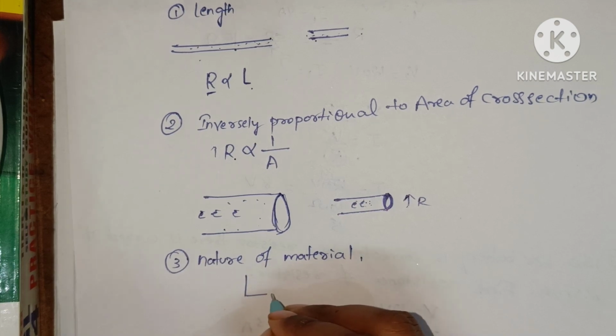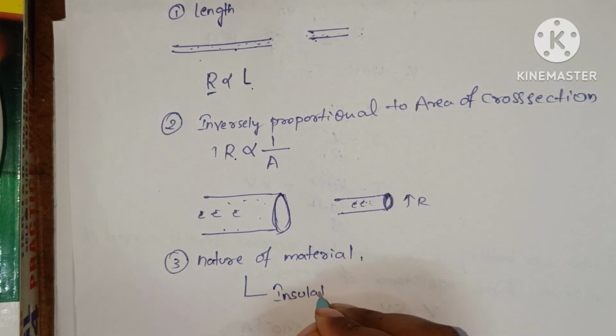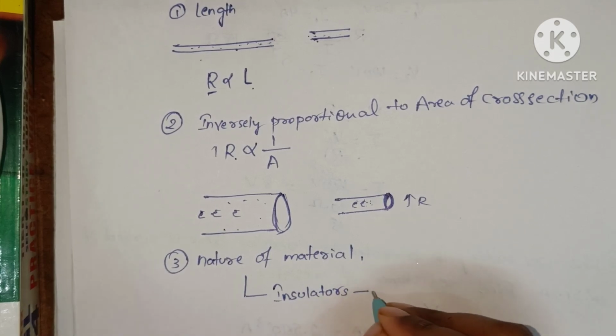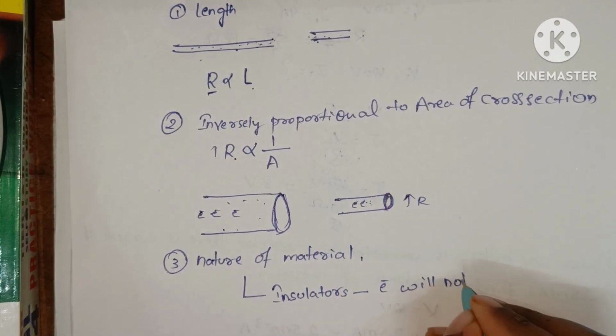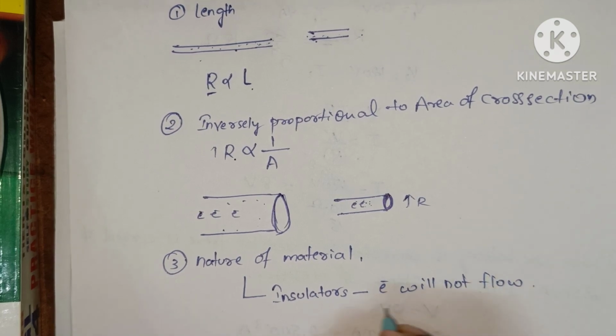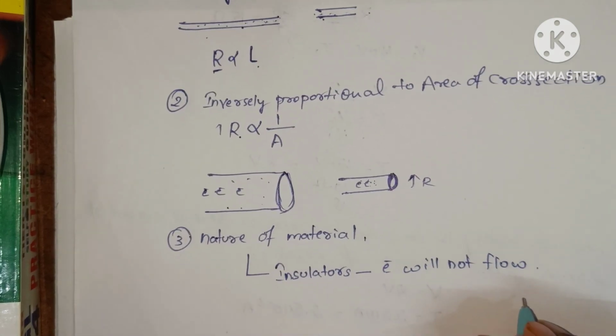The resistance will be more in insulators. Insulators means what? In insulators the electrons will not flow, that means current will not be generated.